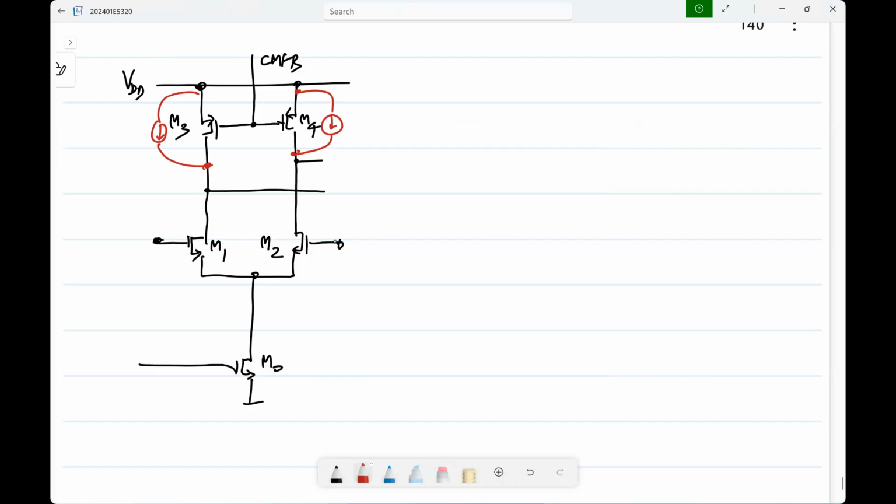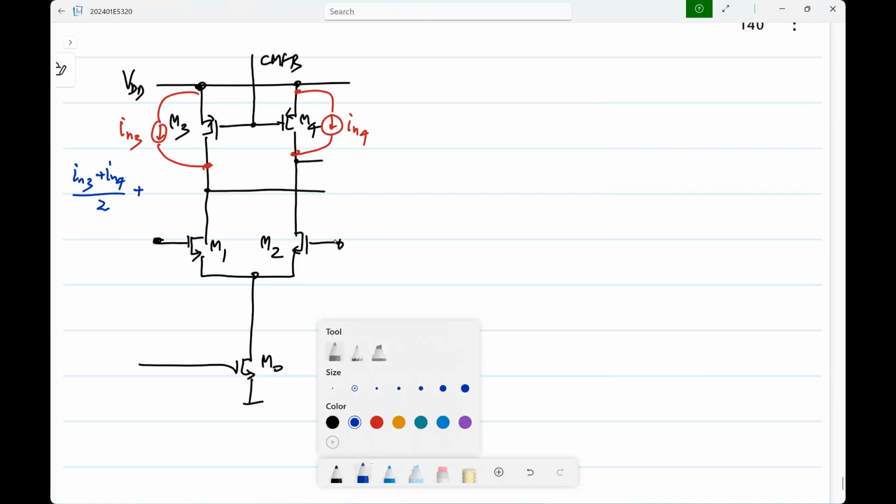Yeah. Basically, that's what you will have to do. This is IN3. This is IN4. Okay. So this can be represented as IN3 plus IN4 by 2 plus IN3 minus IN4 by 2.